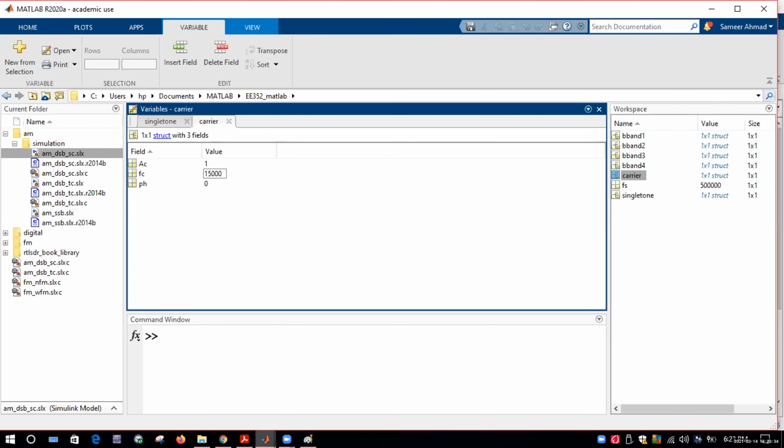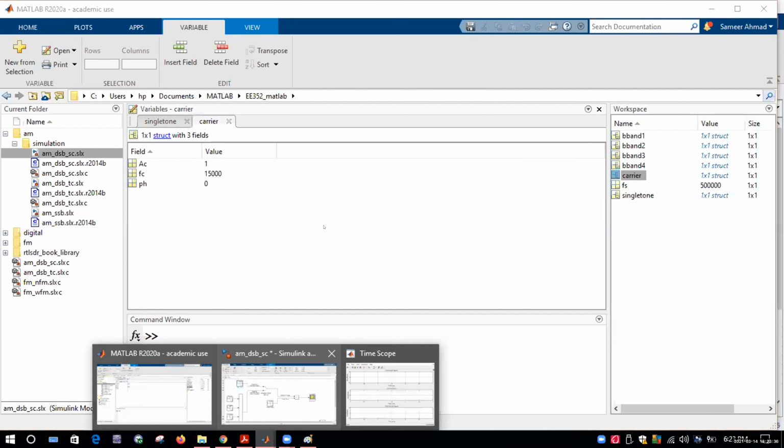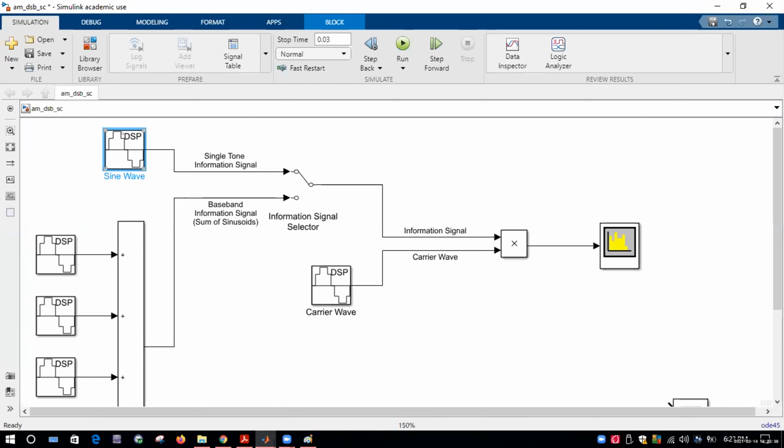Yes. Let's see how it looks. If you run this, here is your 2 kilohertz information signal, and here is your 15 kilohertz carrier wave. When you mix these two together, what should be the output? What do you expect?